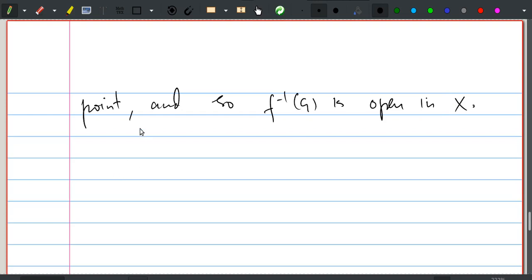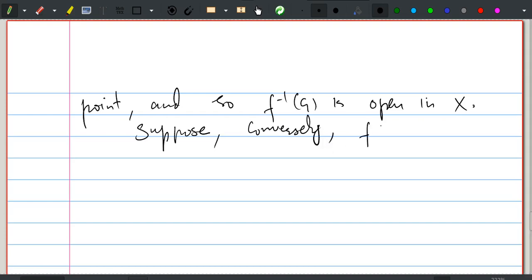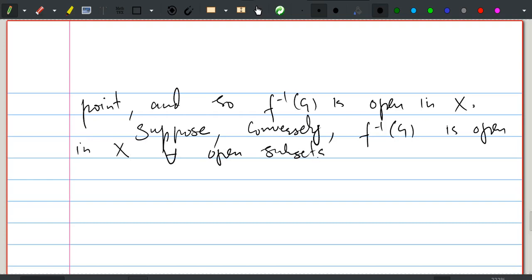Suppose conversely that f inverse G is open in X for all open subsets G of Y. We have to prove that f is continuous.